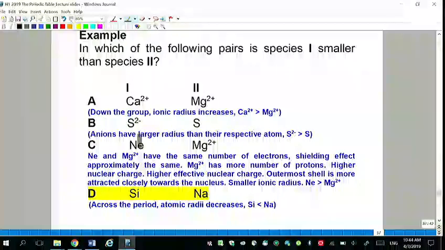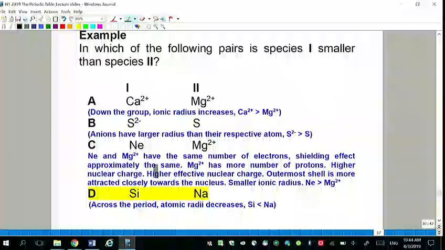Option C, both neon and magnesium 2+ have the same number of electrons. The shielding effect is approximately the same because they only have 10 electrons. But Mg2+ has more protons, so it has a higher nuclear charge.